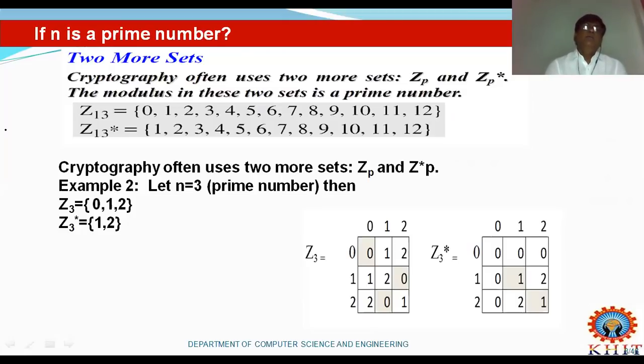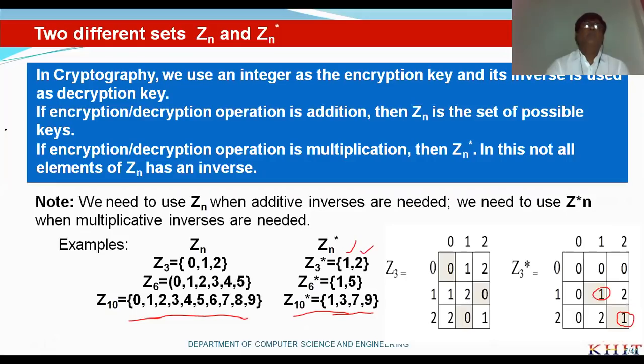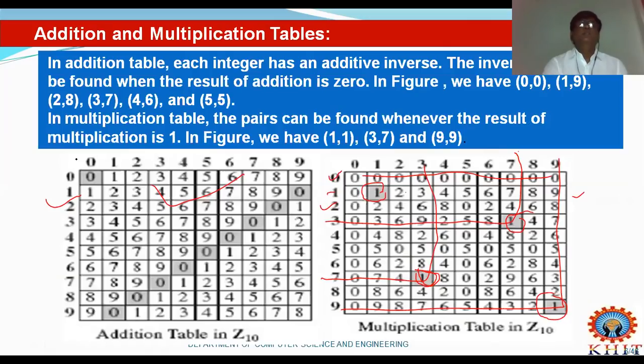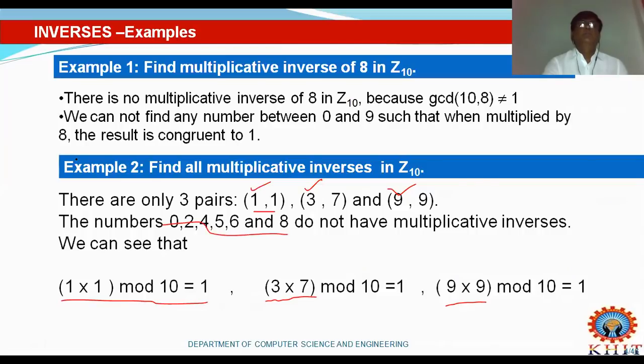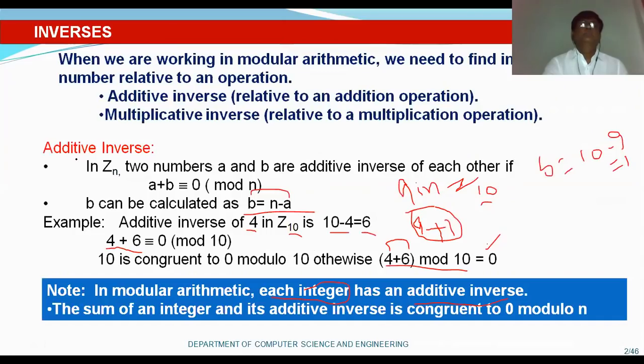If n is a prime number, all numbers from 0 to n minus 1 have additive inverses, and from 1 to n minus 1 have multiplicative inverses. This is the topic today, inverses. This is a very useful topic. Finally, how to find the additive inverse and how to find the multiplicative inverses. So this topic is our today.